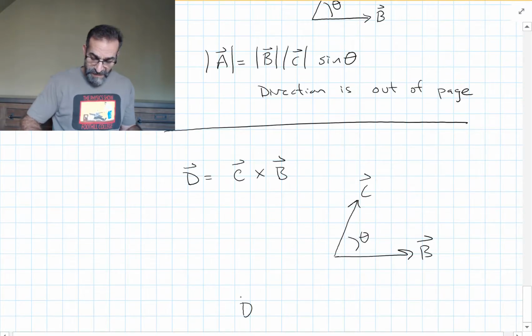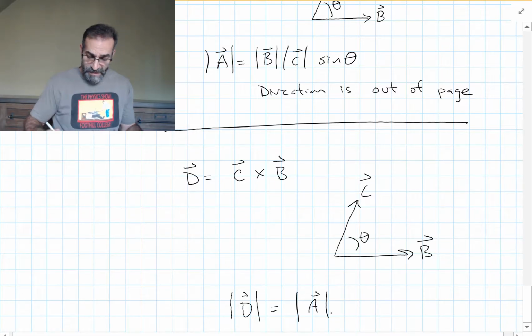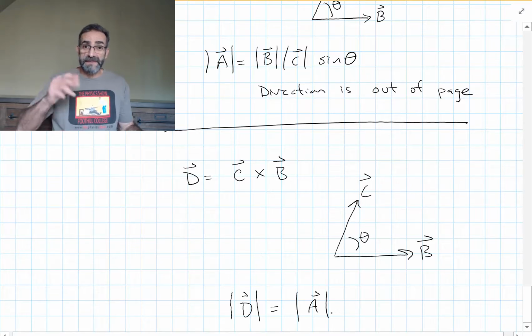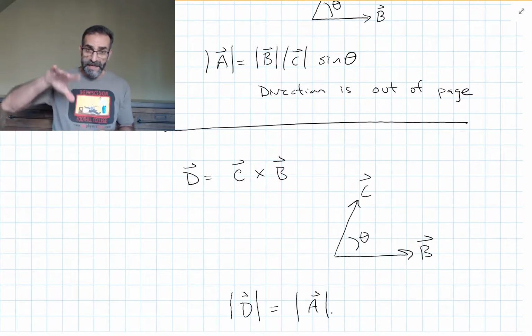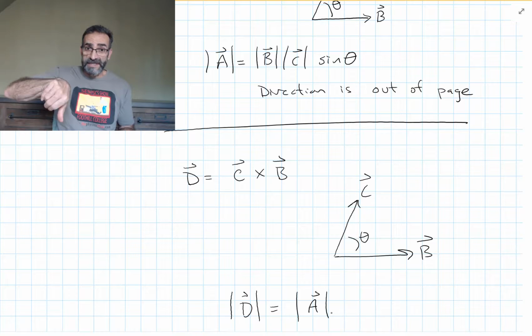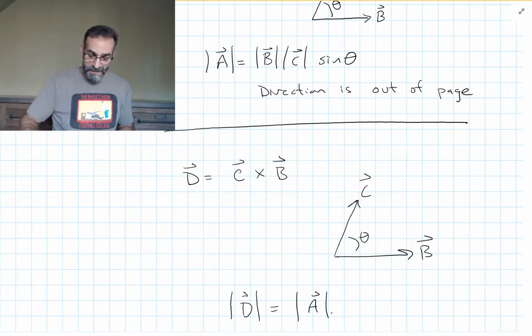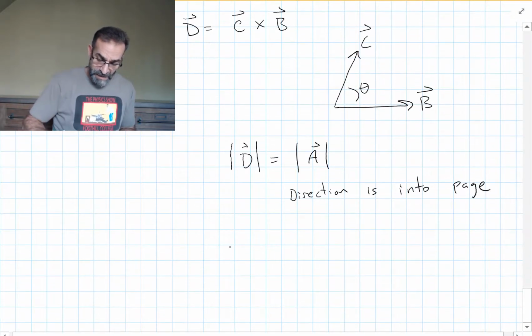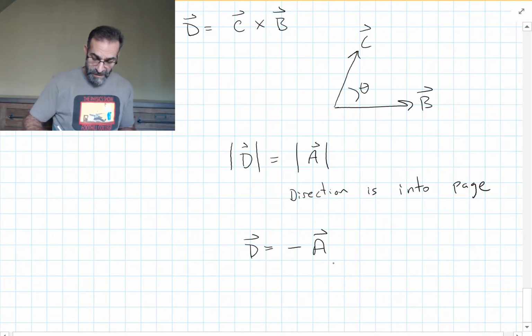The magnitude of D is equal to the magnitude of A. But what's different? The direction is flipped by 180 degrees, because when I put my fingers in the direction of C and roll them toward B, my thumb points in the opposite direction, into the page. So that means that the vector D is the opposite of vector A.